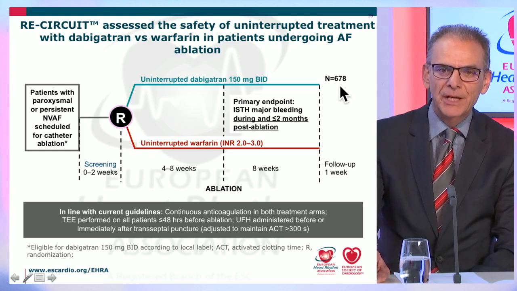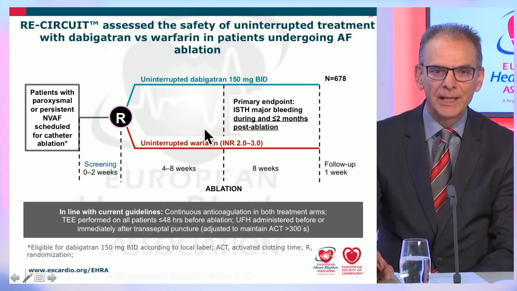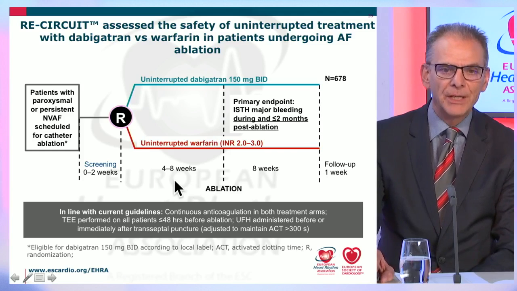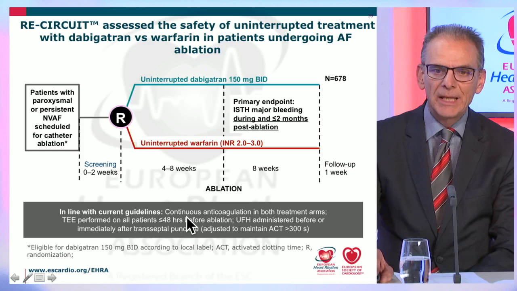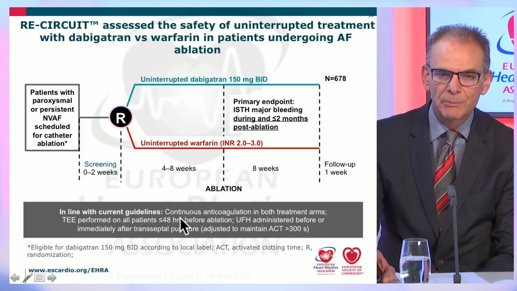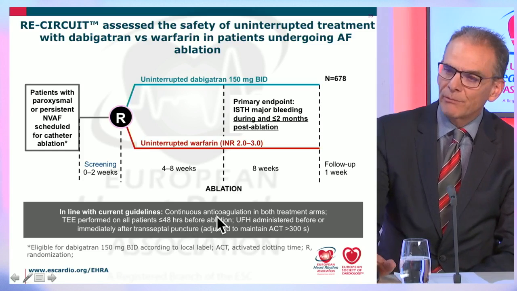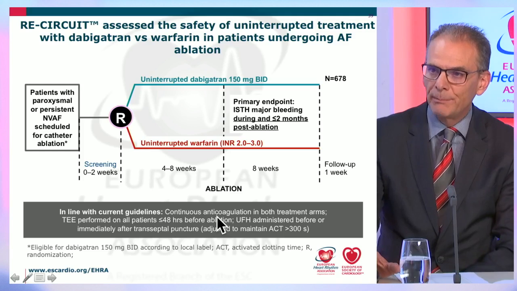A total of 678 patients were actually enrolled in the trial and were ablated and formed the basis of this study. As you can see on the bottom of the slide, there was really uninterrupted continuous anticoagulation in both treatment arms. It is important perhaps to emphasize that the dabigatran was also given the morning of the ablation procedure.